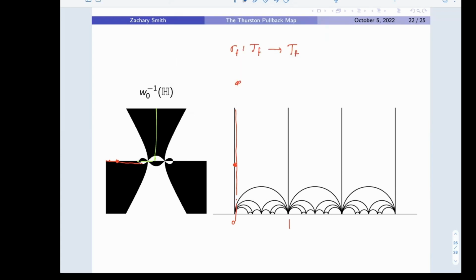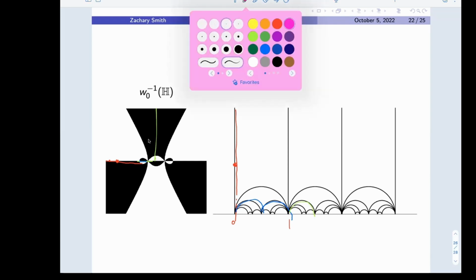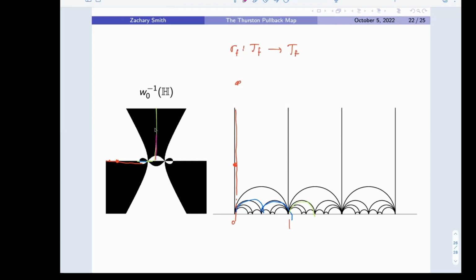For example, on this blue arc I will have something like this, and then I have the green. I only go halfway there. And then there's a purple line here, and this actually ends up just going straight up like this.